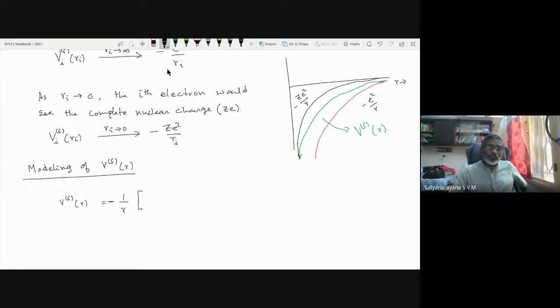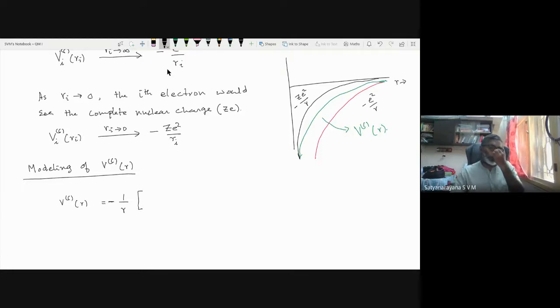When r goes to 0, I should have Z e square by r. So I may have some function of r here such that when r goes to 0 it should go to minus Z e square by r, and when r goes to infinity it should become minus e square by r, correct?